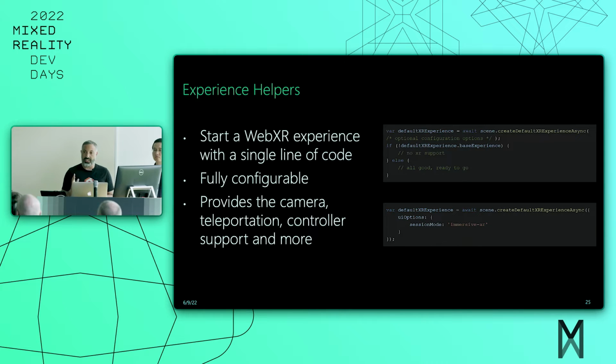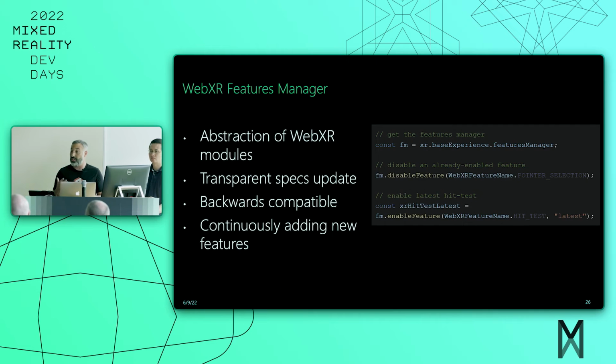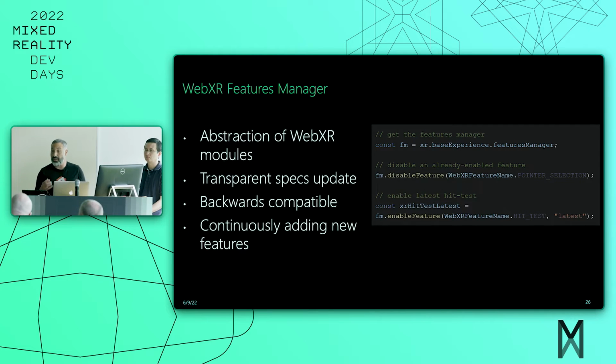As I mentioned earlier, there are different WebXR modules that are in draft mode and are constantly changing, improving. Their public API changes as well. And in order to provide a smooth and transparent update of those modules across browsers and in browsers that have different specs, in different versions, we introduced the feature manager.